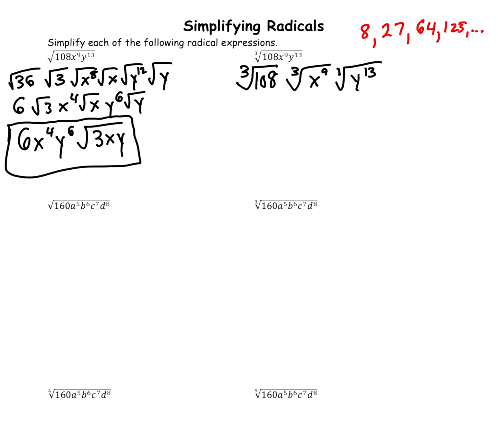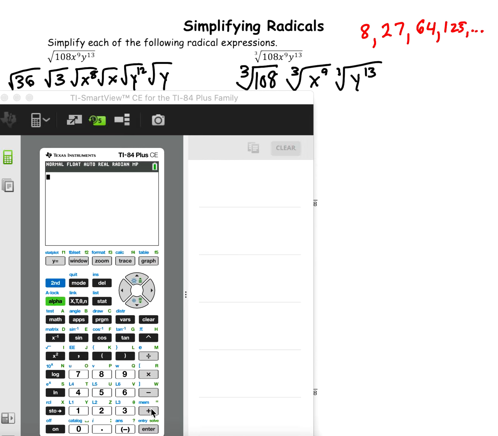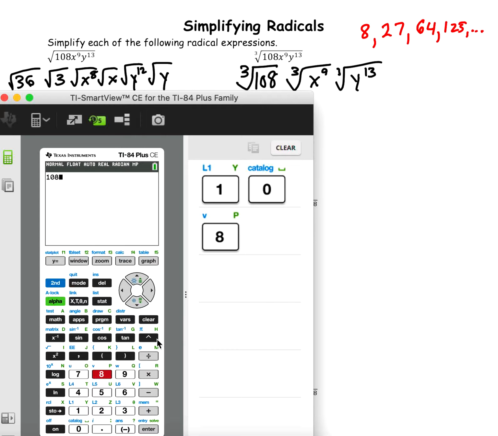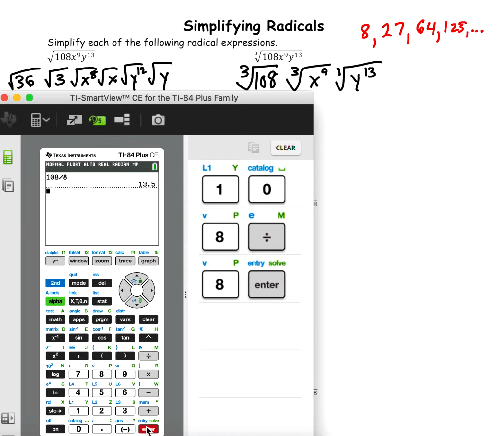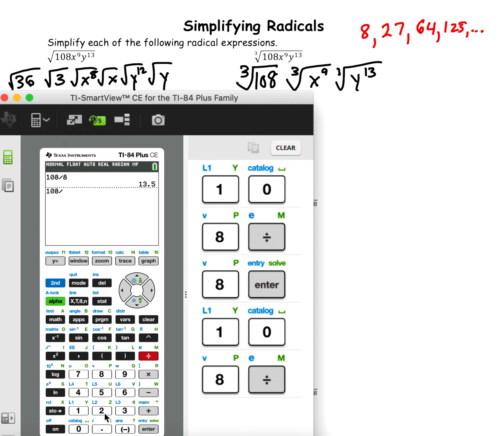So I would do the same exact thing in the calculator as we do for square roots, but this time divide it by perfect cubes. So I'm going to take 108, and I'm going to divide it by the first perfect cube. I know the first perfect cube is 1, but we don't want to do that. We divide it by 8. Doesn't work. Let's do the next perfect cube. 108 divided by 27.